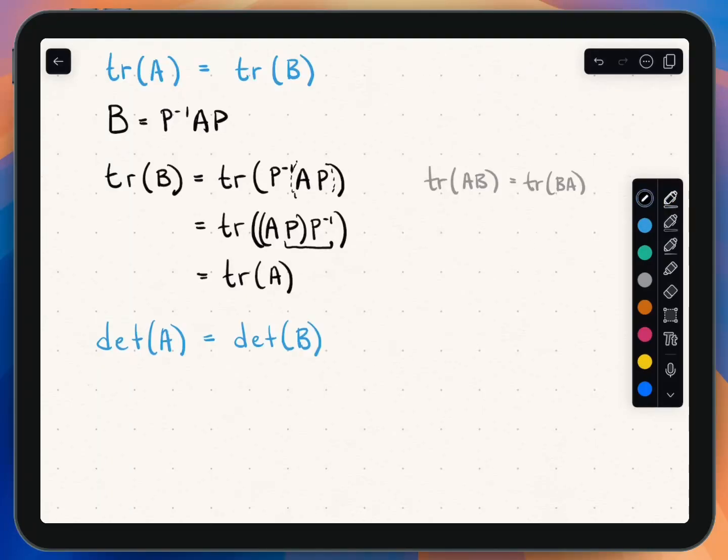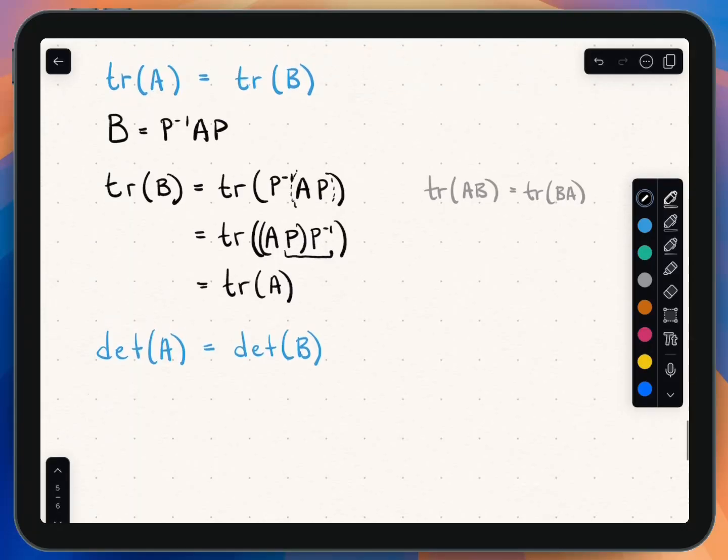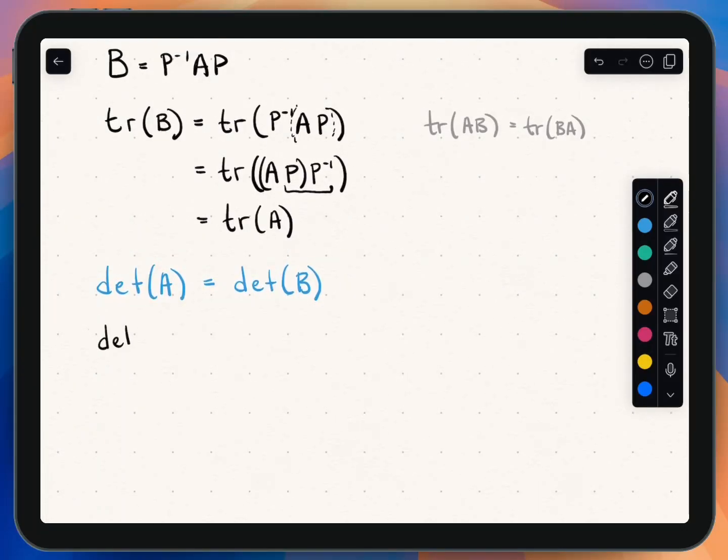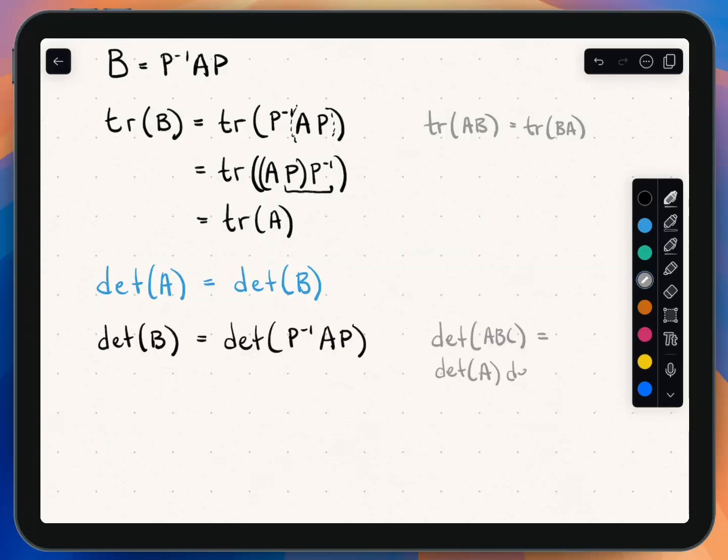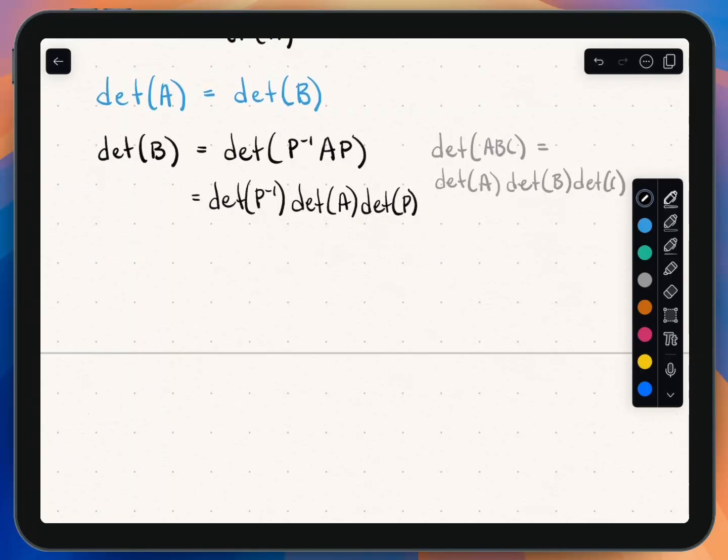Next up is the determinant of A is equal to the determinant of B. Again, I'm going to use that the determinant of B is equal to the determinant of P inverse A P. And then I'll use the property that the determinant of ABC is just going to be the determinant of A times the determinant of B times the determinant of C. And this means that we get the determinant of P inverse times the determinant of A times the determinant of P. And now I can just reorder these as I want.